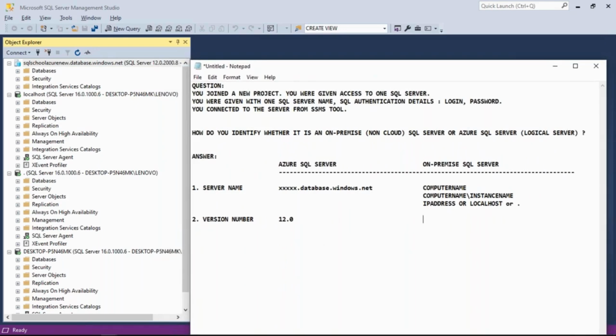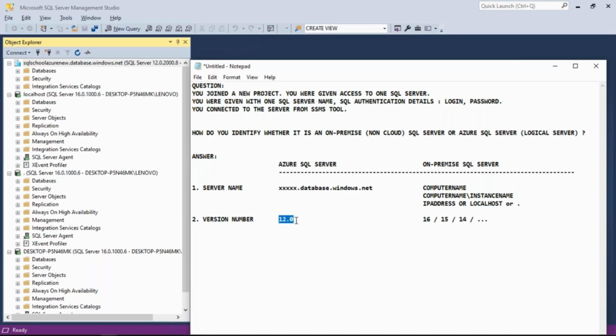Here you see version numbers 16, 15.0, 14, 13, etc. The latest versions would be 16, 15, 14. 16 means 2022, the latest one, then 2019, 2017 versions. So the version number is fixed here.